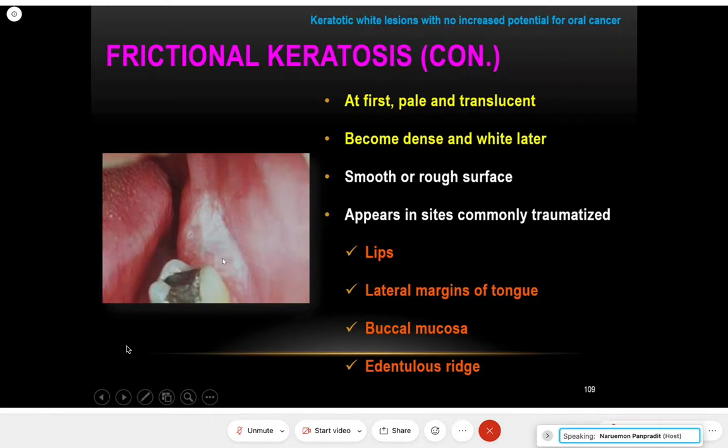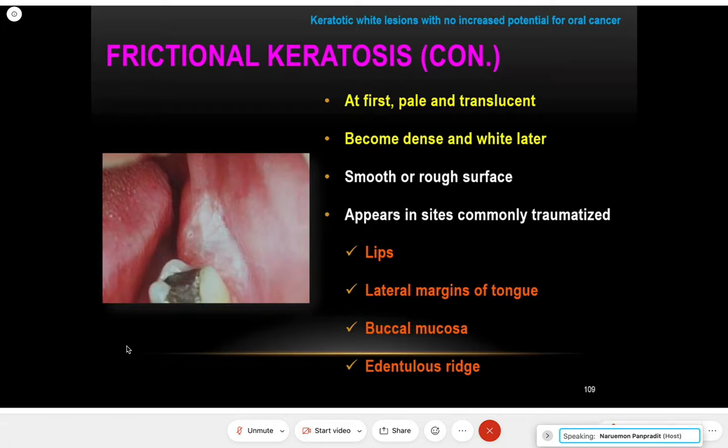So if you can find this cause, you can diagnose frictional keratosis, and the treatment is to just remove the cause and see the improvement after 2 weeks. The epithelium should change, but it may change gradually. But if there is no change after we have removed the cause, you have to think about leukoplakia, because we eliminated the cause but there was no response.